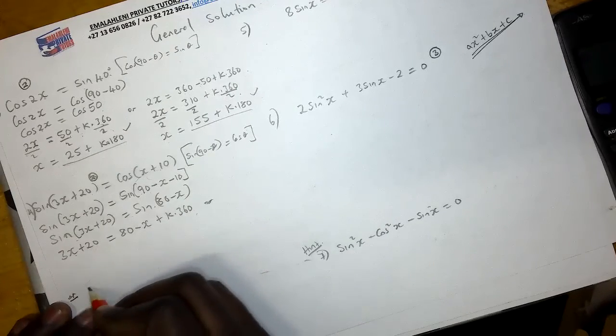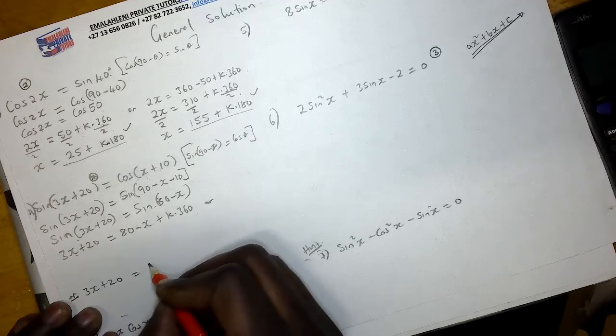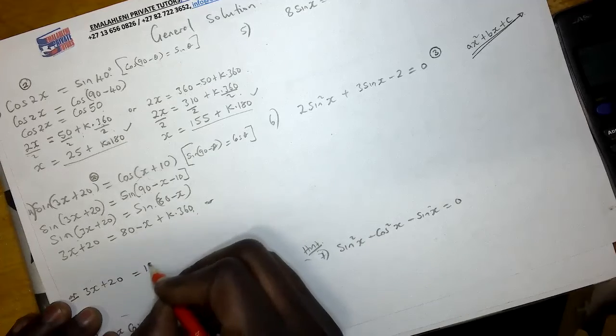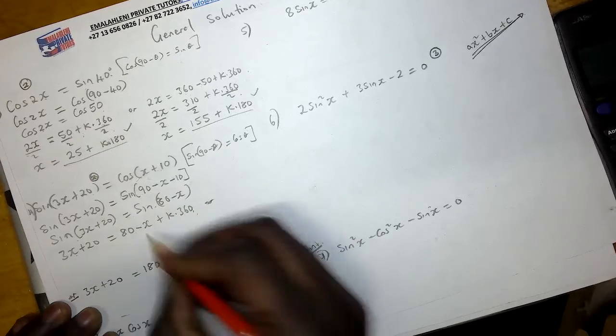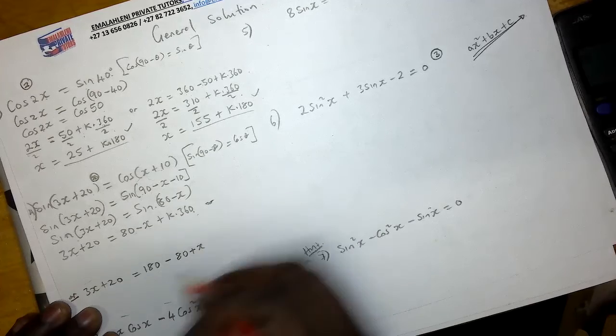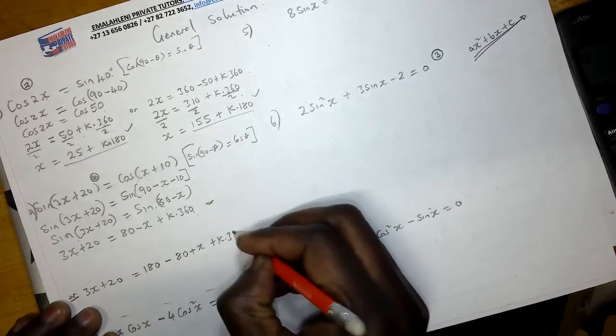Then 3x plus 20 is going to be equal to what do we do to get the other angle for sine? 180 minus (80 minus x) plus K 360. So we are saying 180 minus everything here plus K 360.